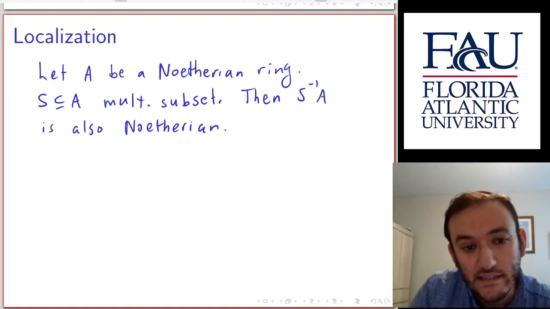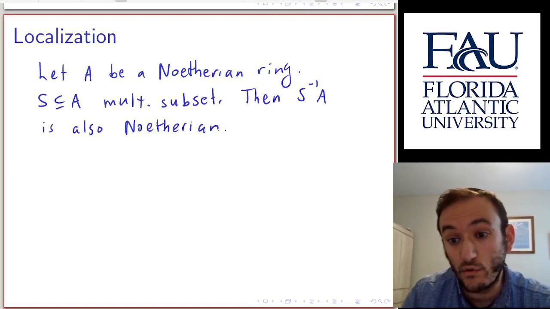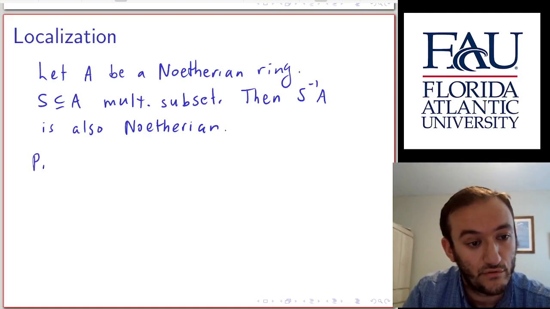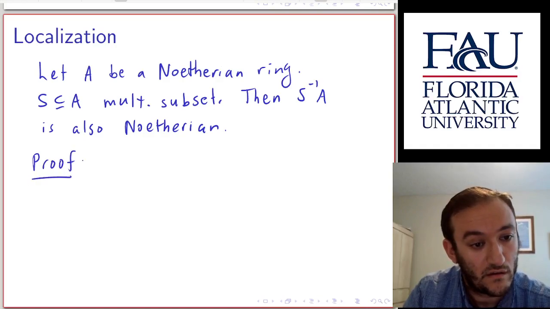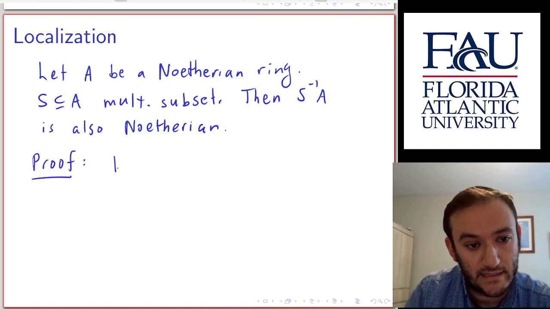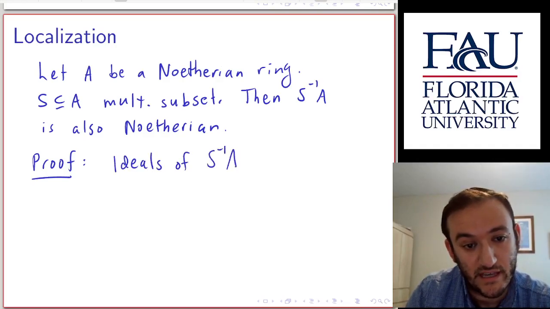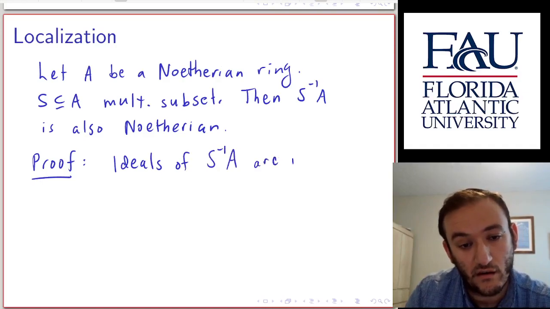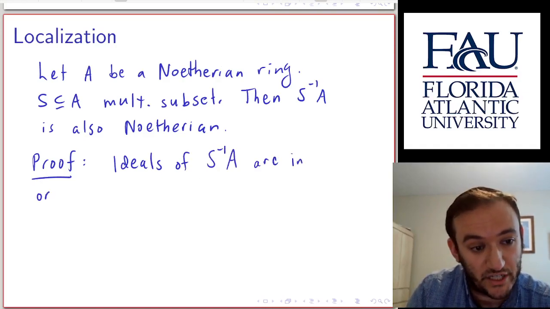Okay, and the proof of this is similar to the proof in the case of the quotient. So the proof: the ideals of S inverse A are in order-preserving bijection.